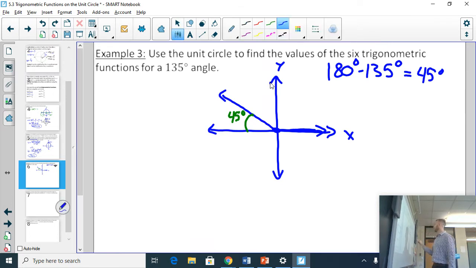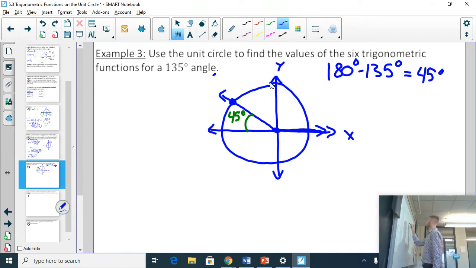Now, what does that tell me, right? So if I have a unit circle going around here, then this point I know is 45 degrees, right? I can use 45 degrees, and I know the cosine and sine of 45 degrees, so I know that this point is going to be square root of 2 over 2 and square root of 2 over 2, right? But not quite, right? The x is negative because we are in that second quadrant.